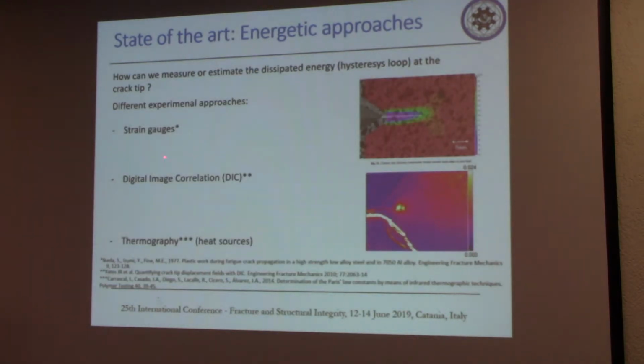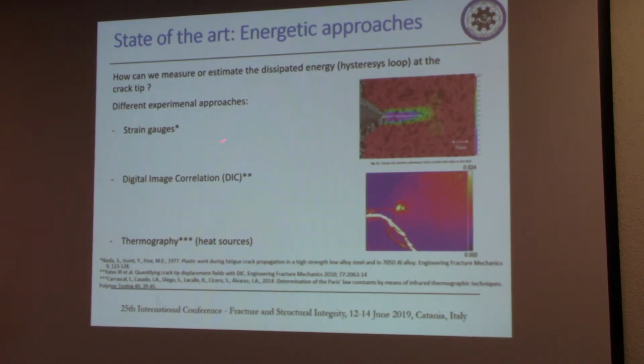So the question is how can we measure or estimate the dissipated energy, and then how can we measure the area of the hysteresis loop? Because this is the method used in the literature, but it's not simple to measure the area of the hysteresis loop.